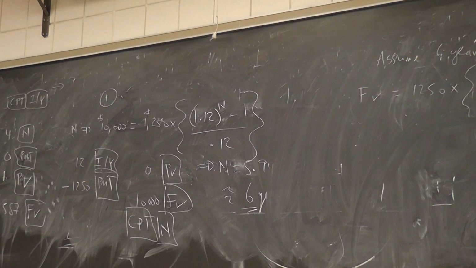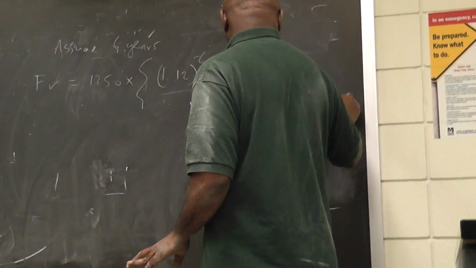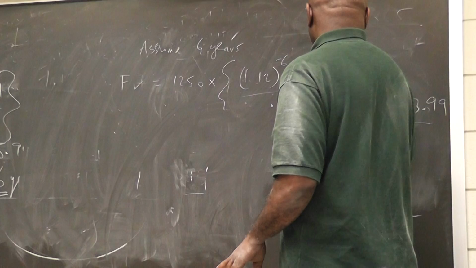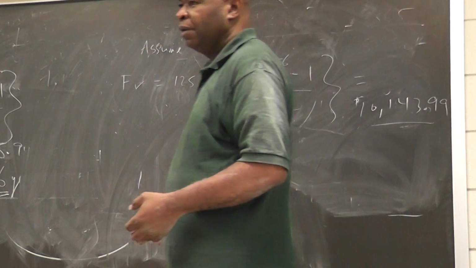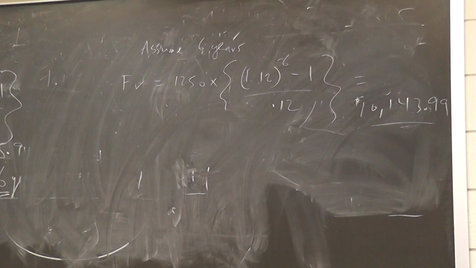$10,143.99. You know what that means? That means if we consider 6 periods of 1250, then there will be an overpayment. Do you agree?